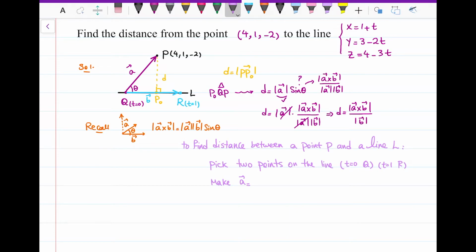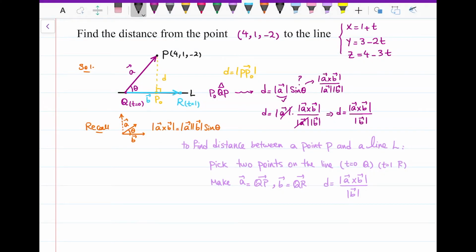The vector A would be Q, P, where P is the given point, and the vector B would be Q, R. Okay, the vector between the 2 arbitrary points that you found, and then D is A cross B over the length of B.